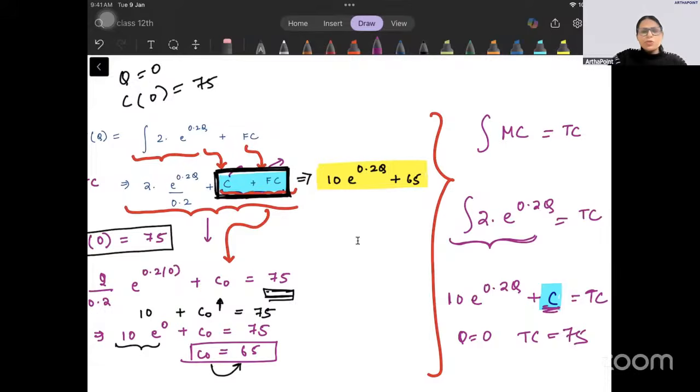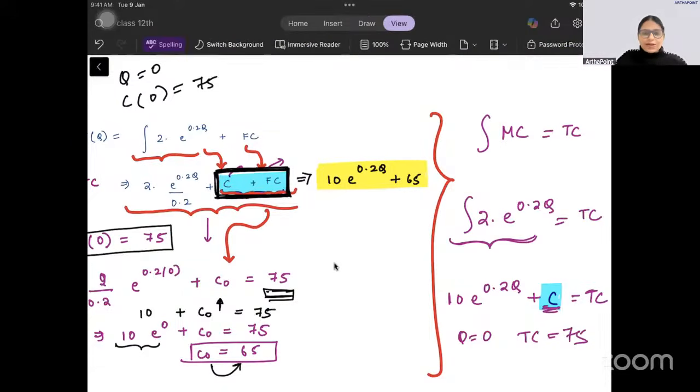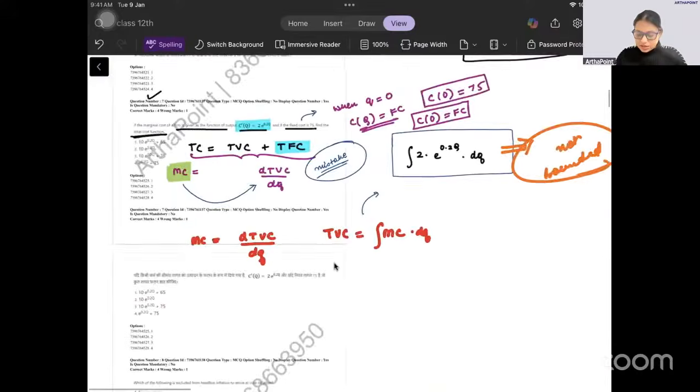Yes, you can do that also. Both are fine. That is what the point is. कि whether you integrate total cost या total variable cost, both are fine. क्योंकि fixed cost का differentiation is zero, right? So that is what we started with.